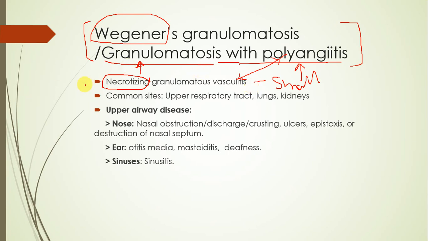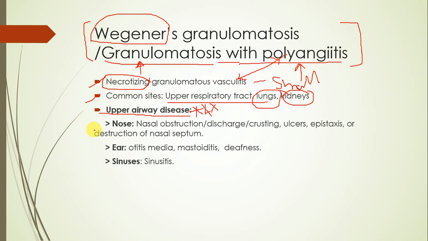Okay, so it's a granulomatous disease. And the common involvement happens in the upper respiratory tract as well as lungs and kidneys. So it's also a pulmonary renal syndrome. And the upper airway disease is a distinguishing feature because presence or absence of these might help us to differentiate between Wegener's versus Goodpasture syndrome.